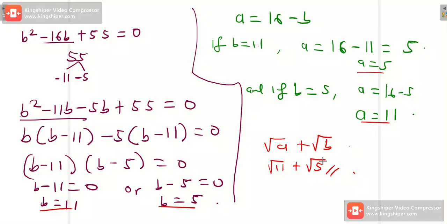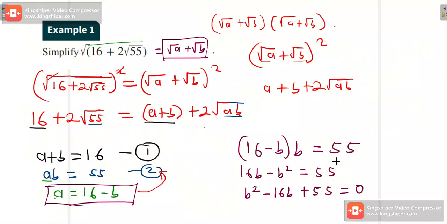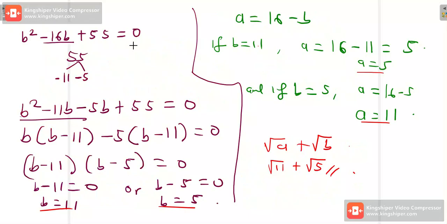So let us get that very clear. In a nutshell, what we are saying is that if you take the square root of 16 plus 2 root of 55, the final answer will be this. This is going to be the answer. And if you want to be sure that your answer is correct, square this back and you have to get it.